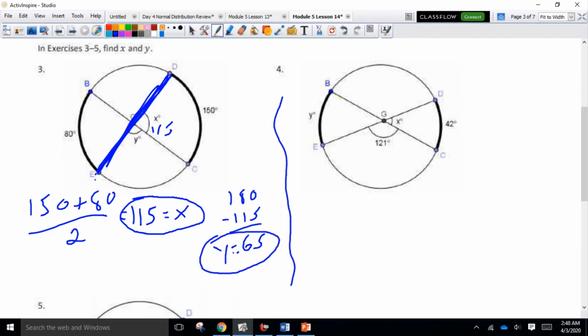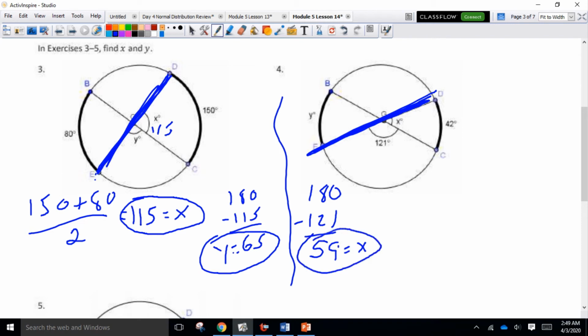Okay. All right. Let's find x first again. Okay, this is again a straight line. So x is just going to be 180 minus 121, which is 59. So that's what x is, 59. All right, so now I know that y plus 42, if I divide it by 2, I should get 59.